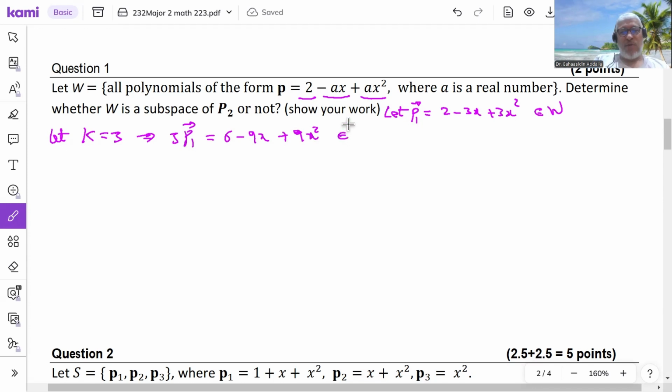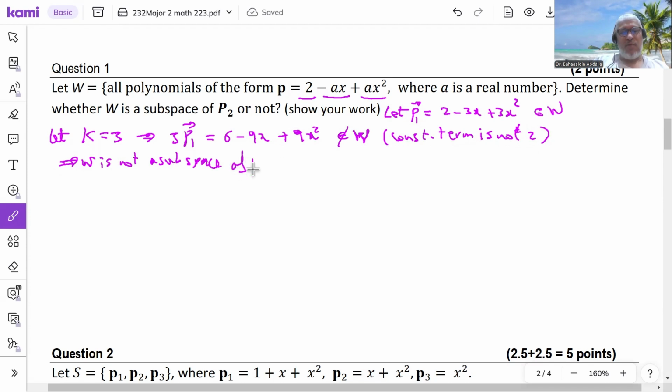And this polynomial is not in W. And you can tell why: the constant term is not 2, because the constant term should be 2. So W is not a subspace of P2 because it's not closed under scalar multiplication.